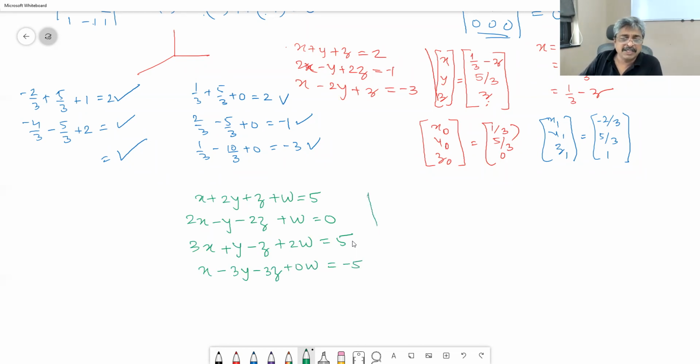Maybe this is much easier compared to the 5 by 5 which I have given you. Just get me the row reduced echelon matrix, the upper triangular matrix.